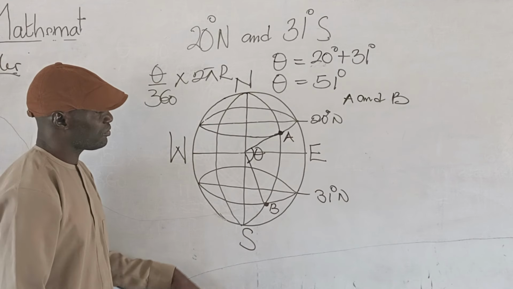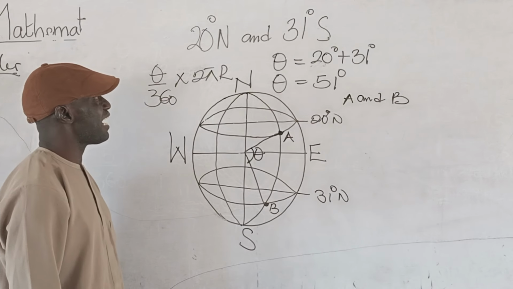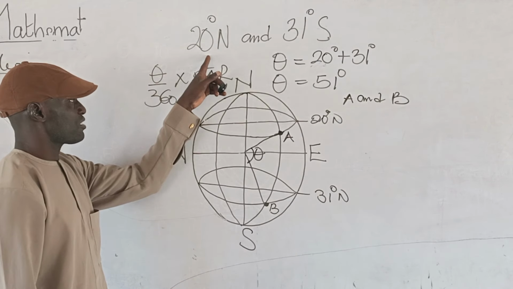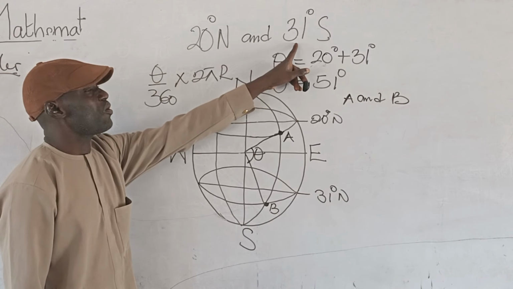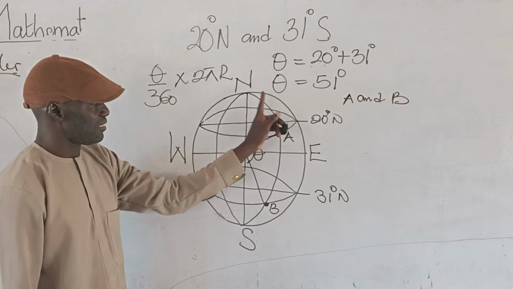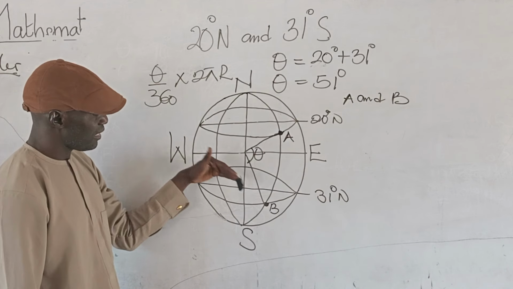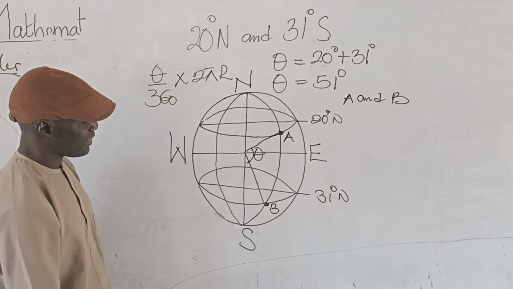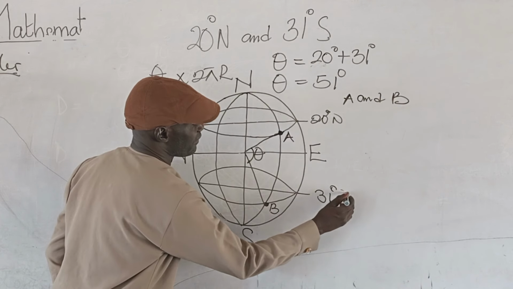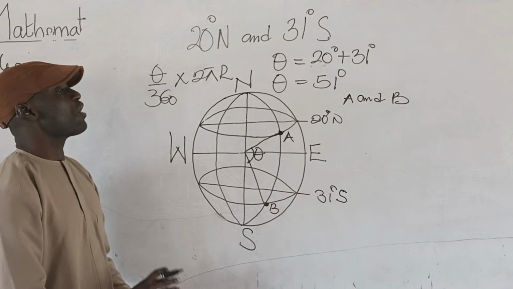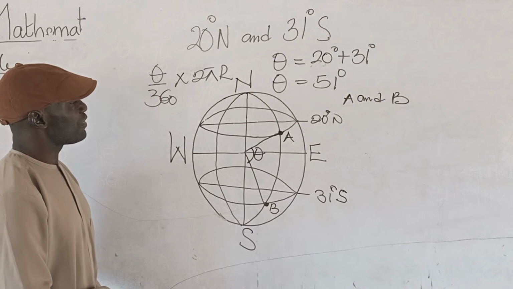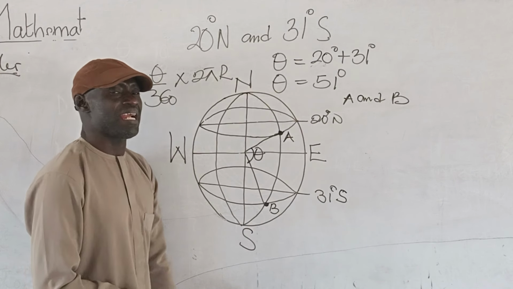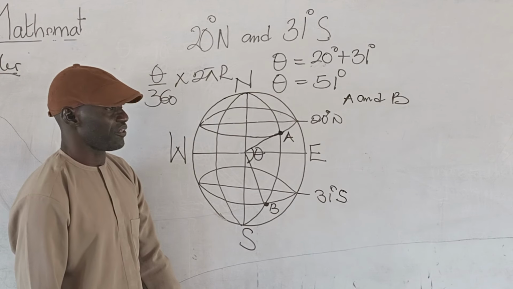Their latitudes are 20 degrees north and 31 degrees south. You can see the first is 20 degrees north, and the other one is 31 degrees south. What to do now is to work on the calculations so that we can get the final result for this question.